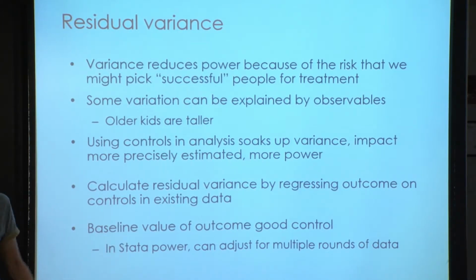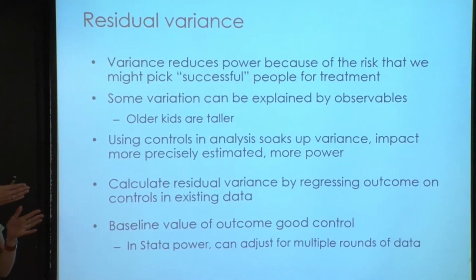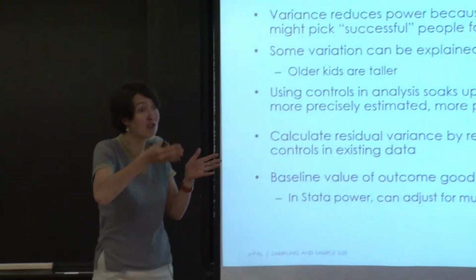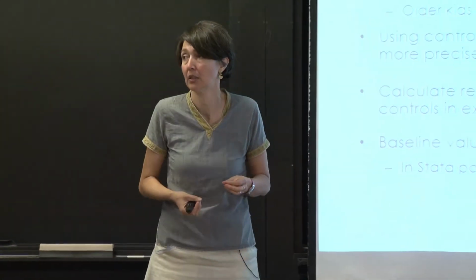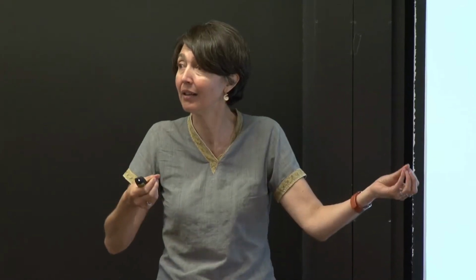So just be aware, and again, that's something that can be quite hard if you're doing this. You've then got to find data in a similar sample that is not just one round, but 2 rounds, so you can calculate how much height last year predicts height this year. Yeah.